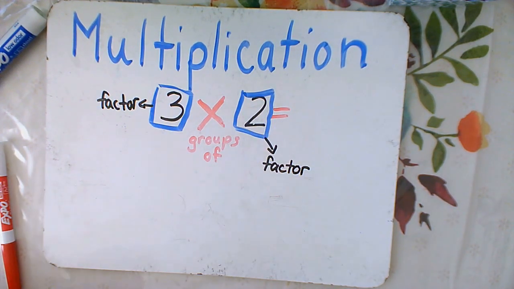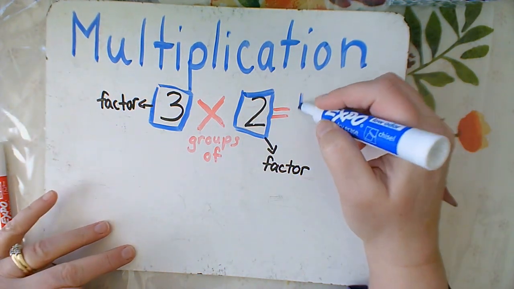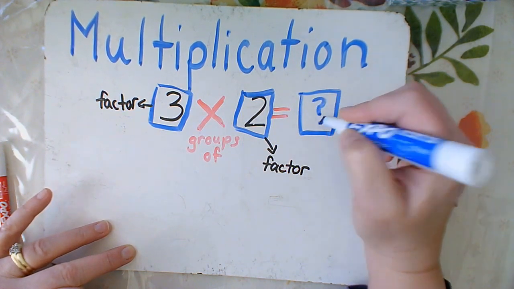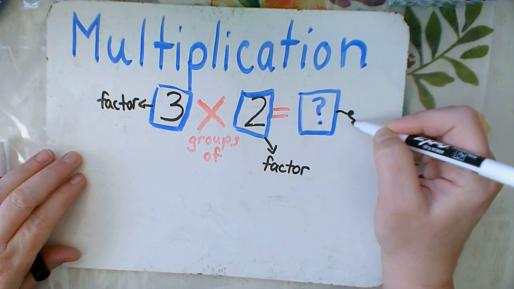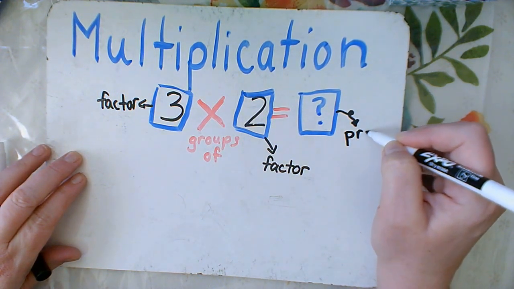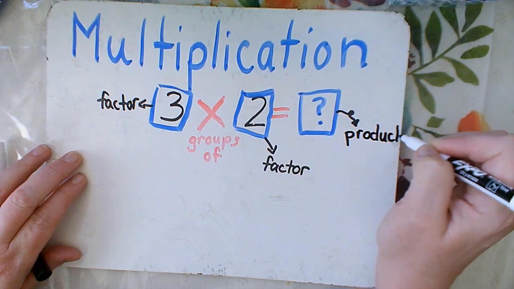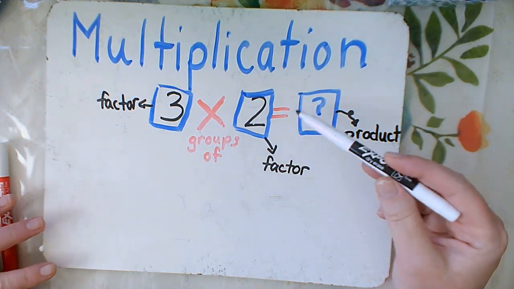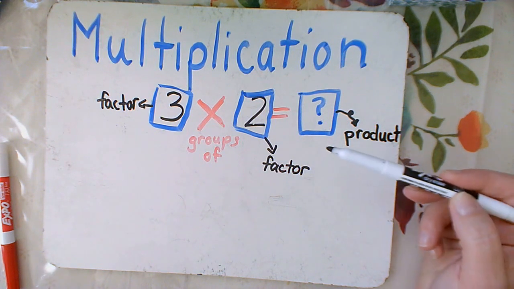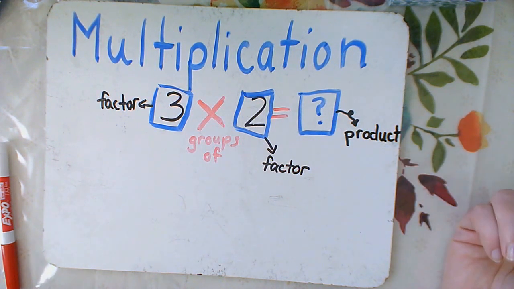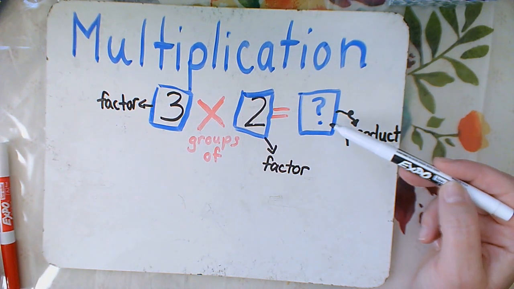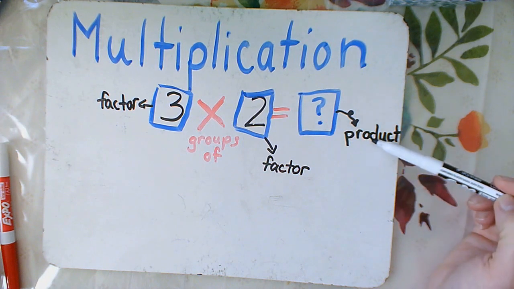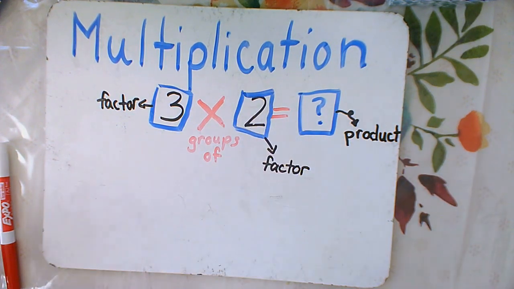And then the answer, when we find out the answer to this, the answer is called the product. So if we think back to our math riddle, the answer when we add was called the sum. The answer when we subtract is called the difference. And the answer when we multiply is called the product. All right, so we have factors and product.